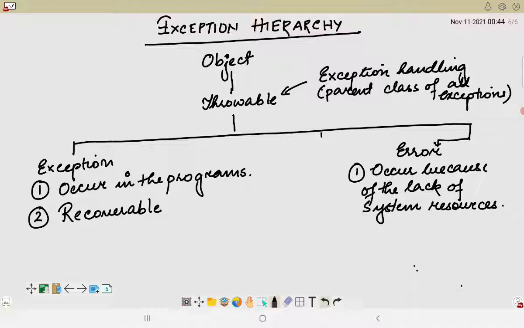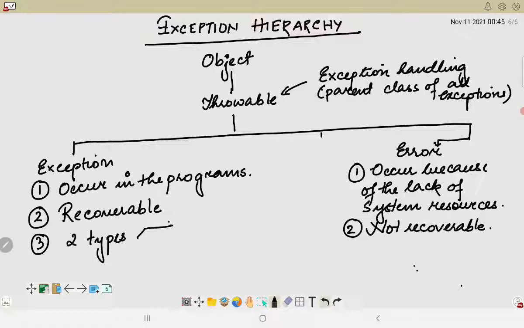And because the programmer has nothing to do with the errors and they occur completely at the system level, these errors are not recoverable.